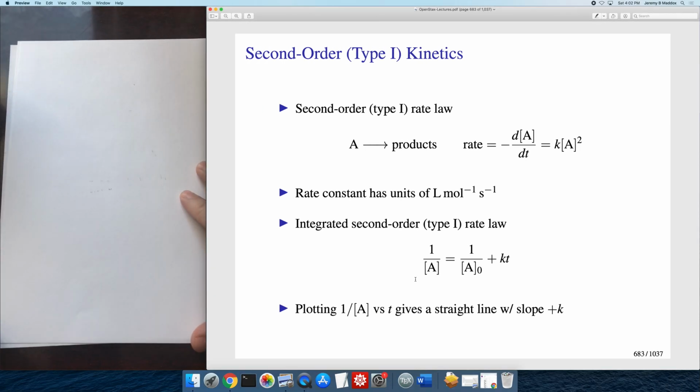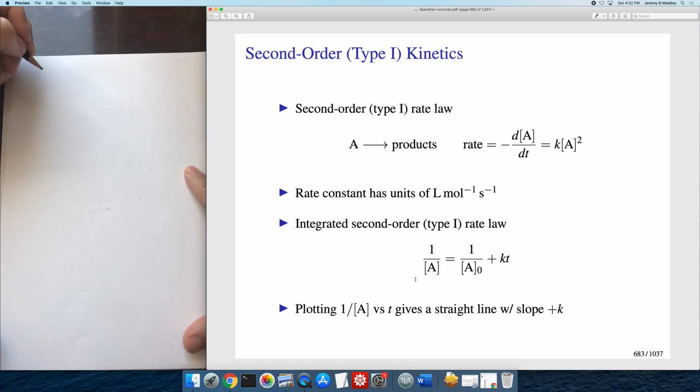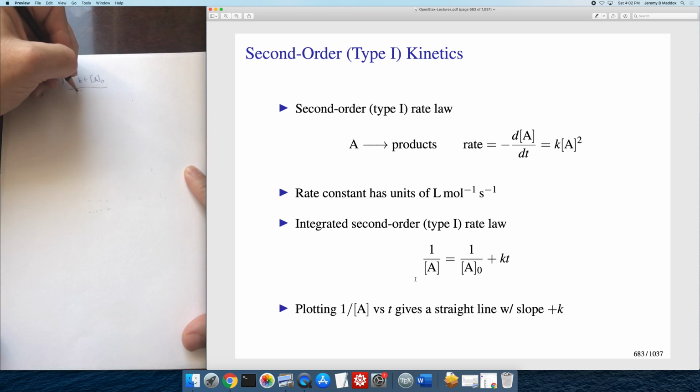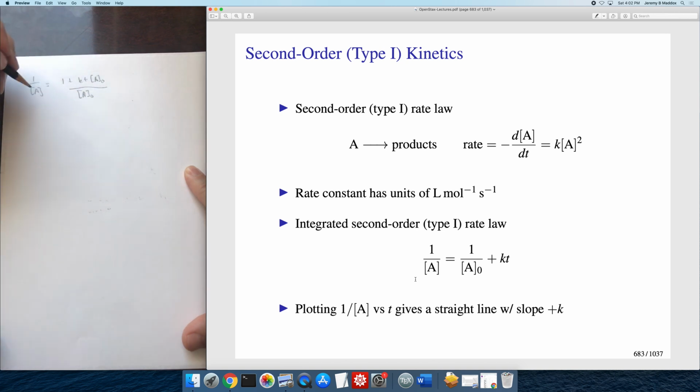Actually, we could rearrange this a little bit. Here you see I've made a manipulation, and now we can take the reciprocal.